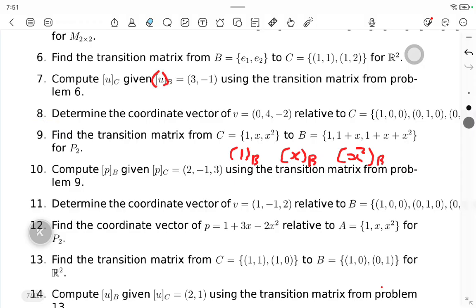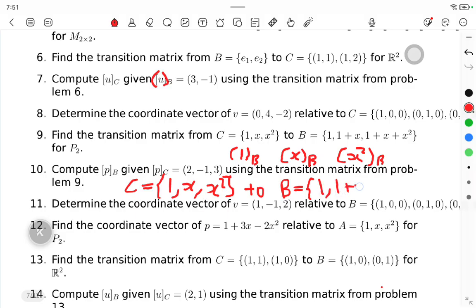Let me copy this first. C is equal to {1, x, x squared}, B is {1, 1 plus x, 1 plus x squared}. They said we should find the transition matrix. Okay.